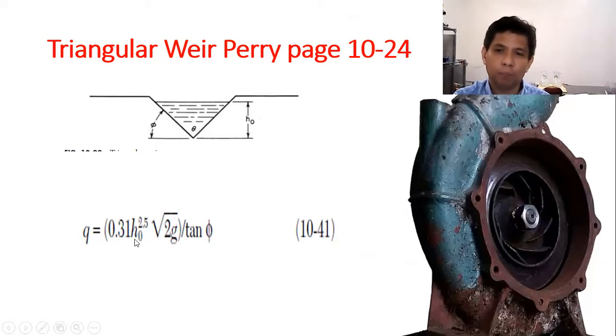So this will give you cubic feet per second, divided by tangent P. P is this angle. If the angle of the triangular weir is given, just divide 180 minus this angle by 2, and that will be your P. This is your theta and this is your P. So that is tangent P. These are the empirical equations, and likewise for SI, Q will be in cubic meter per second.